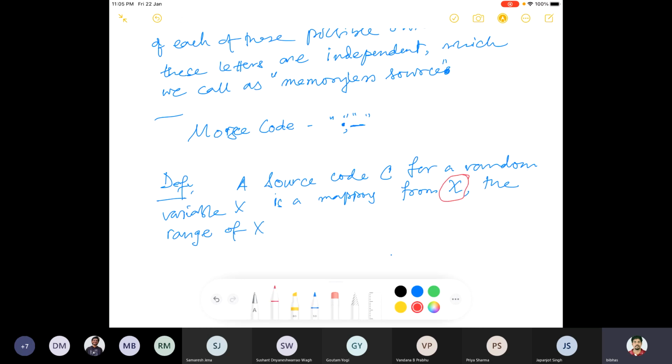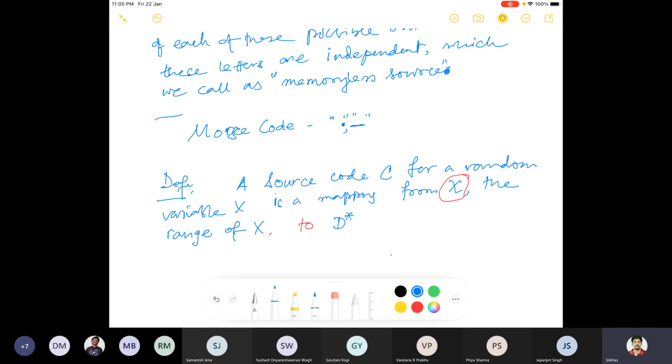This set consists of all the numbers corresponding to all the sample points, because it is a random variable.